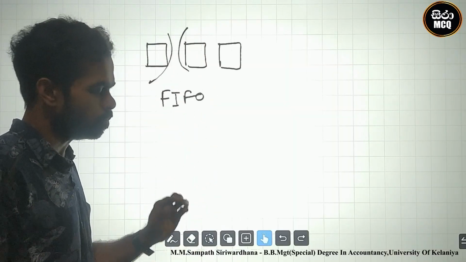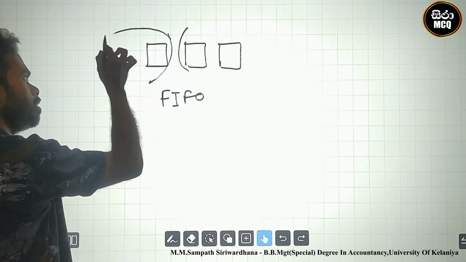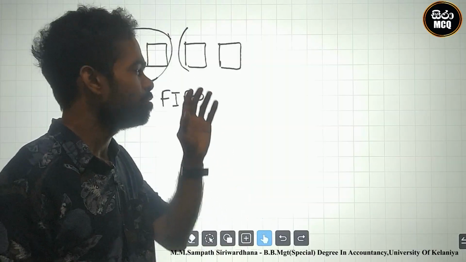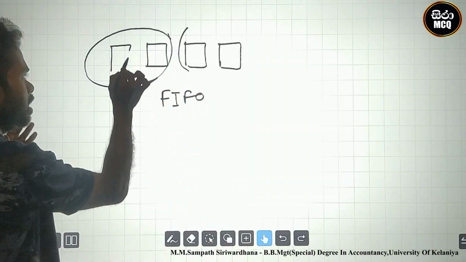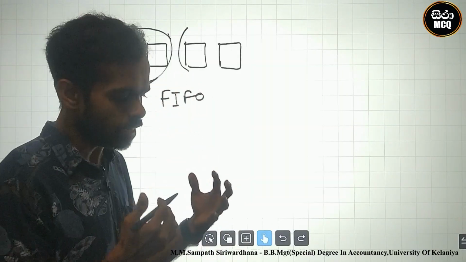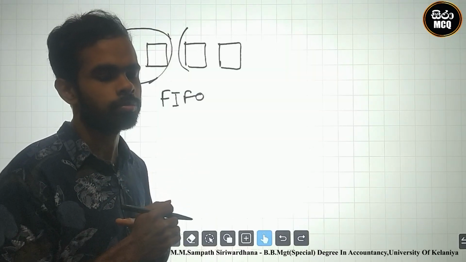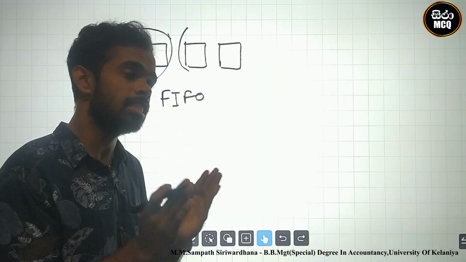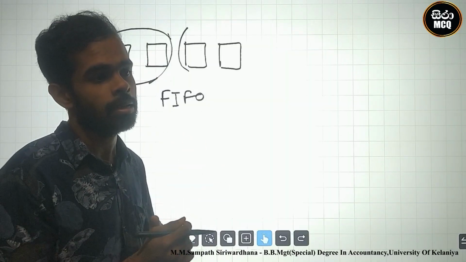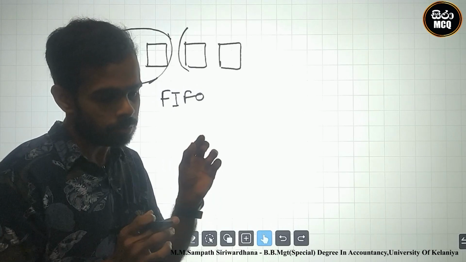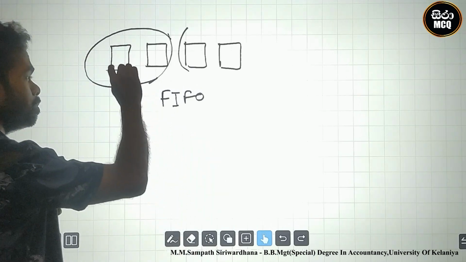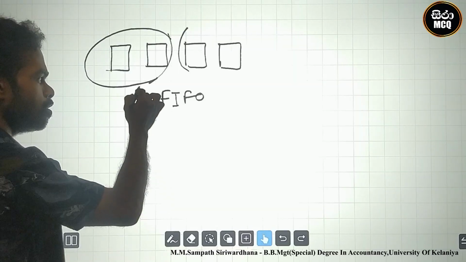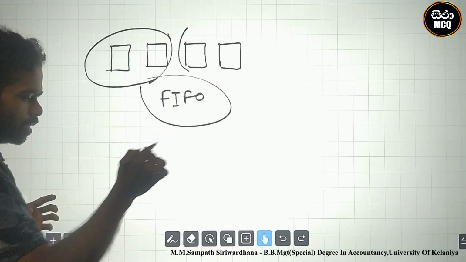The first received milk packet we can separate and issue first. Likewise, there are furniture items or inventories we can identify separately. For all such separate items we can use FIFO.